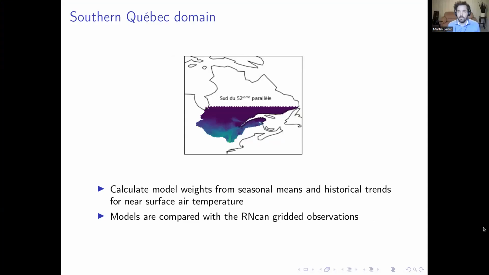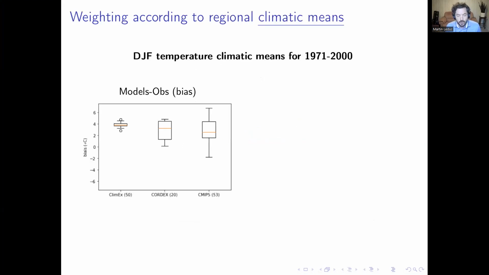Okay, you see and you hear me? Yes. Okay, sorry. We'll use the results extracted over the southern Quebec region and calculate the weights for seasonal means and historical trends and compare with the observations. On the left we have the bias of the different model simulations. The first column is the large ensemble containing 50 members.